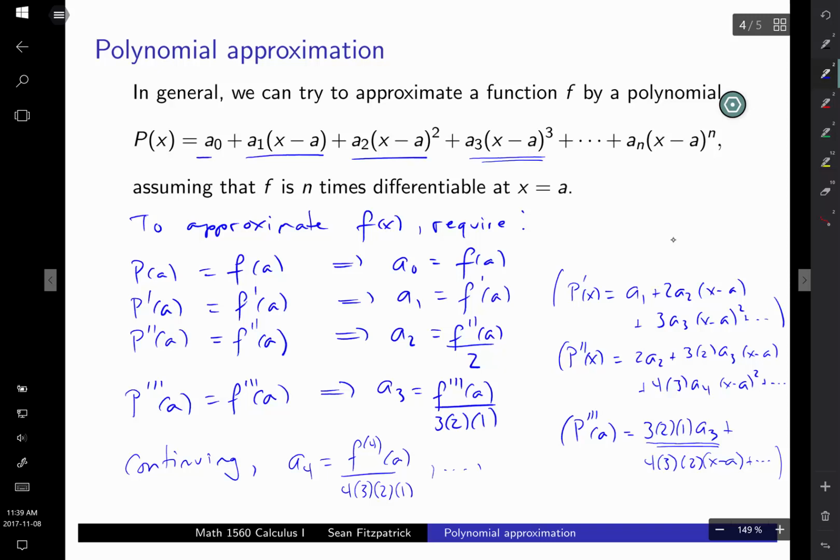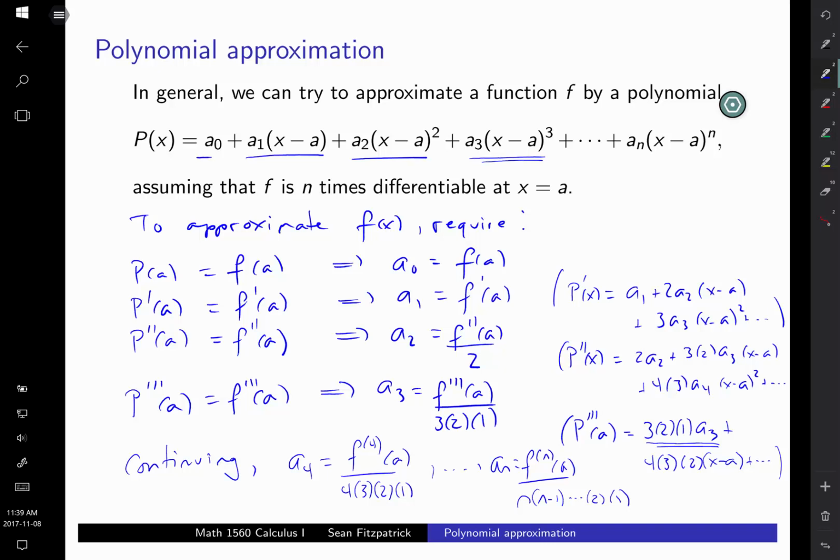And in general, the nth term is going to be the nth derivative at a over n, n minus 1, down to 2 and 1. Okay, so we multiply those numbers together. That's how you set up this polynomial approximation, right? So you calculate derivatives to determine these coefficients, and you use those coefficients to determine your polynomial.